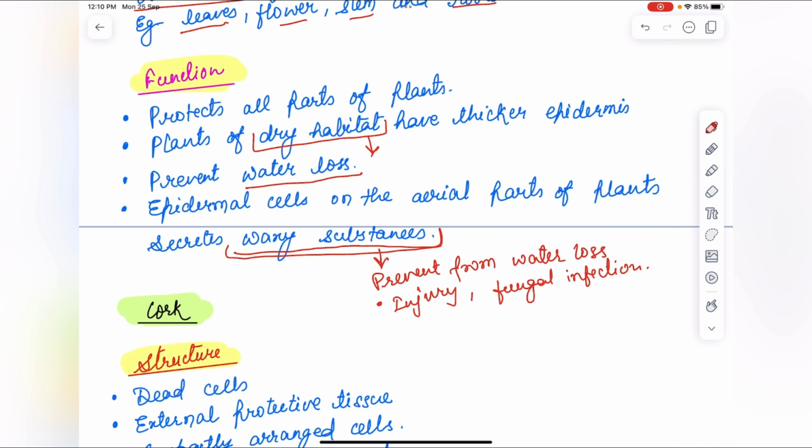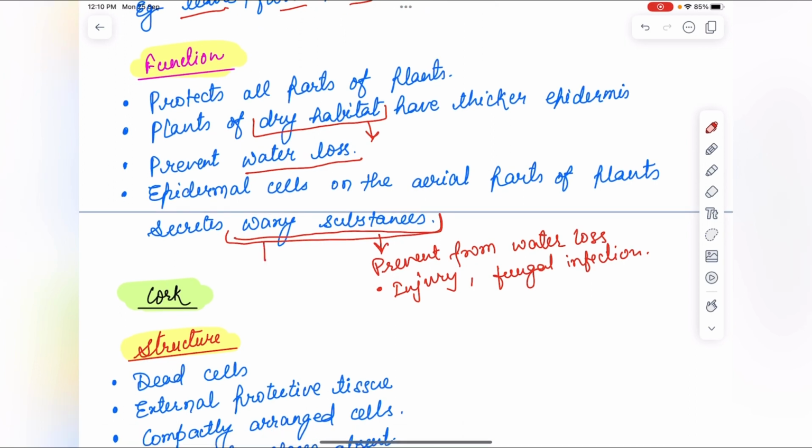This waxy substance is cutin, which forms a layer called the cuticle. And what does it do? It forms a water resistant layer.